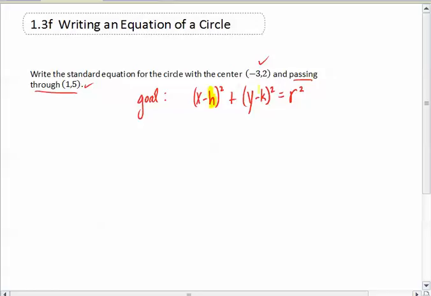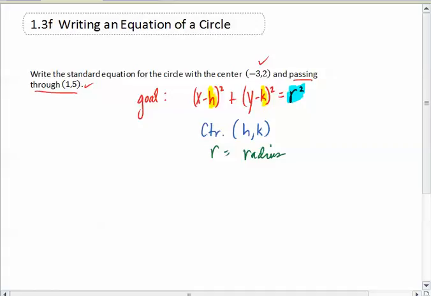This hk, we pull that out, and that becomes the center. The r, when we take the square root of r squared, becomes the radius.